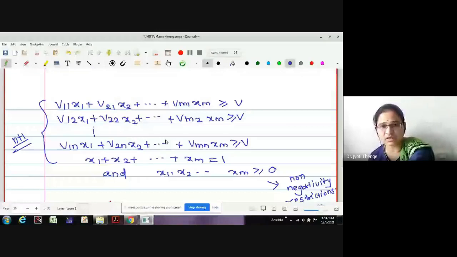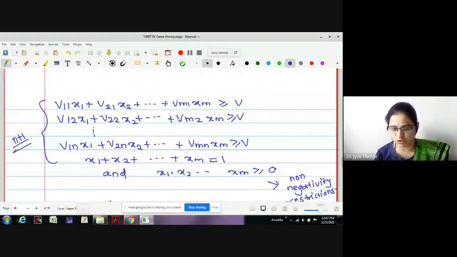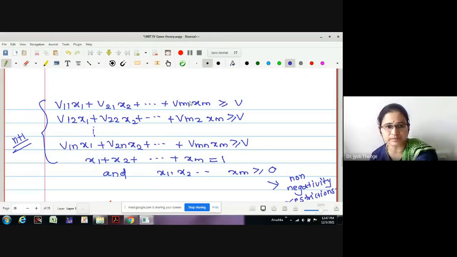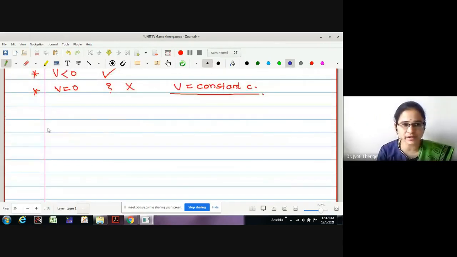Now assuming that division by v is possible, if I divide by v, what will happen? The first inequality turns into v11 x1 by v, plus v21 x2 by v, and so on, plus vm1 xm by v, is greater than or equal to 1.